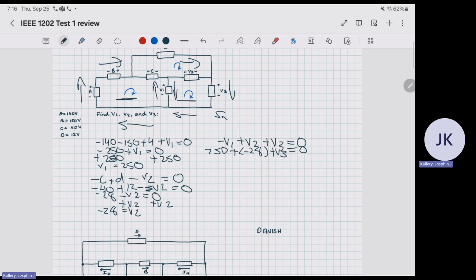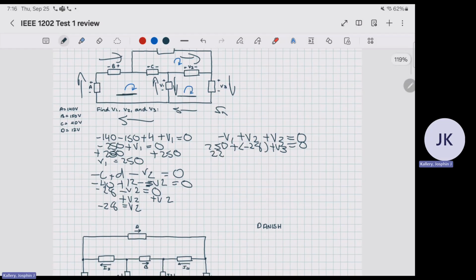And we can just do that 250 minus 28, equals 222, plus V3 equals 0. And then we can just minus 222 on both sides. And then V3 equals negative 222.